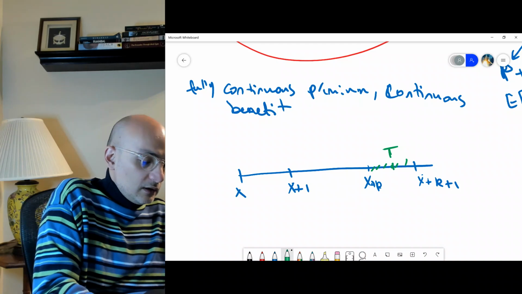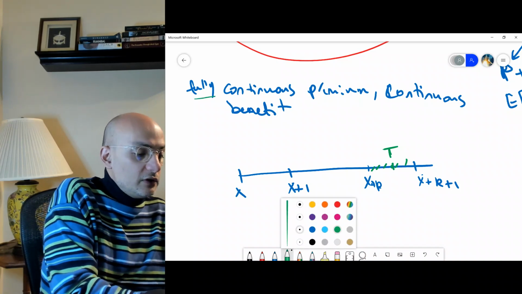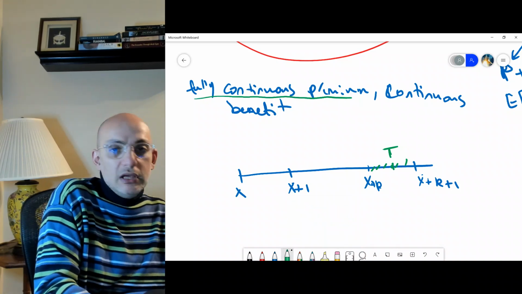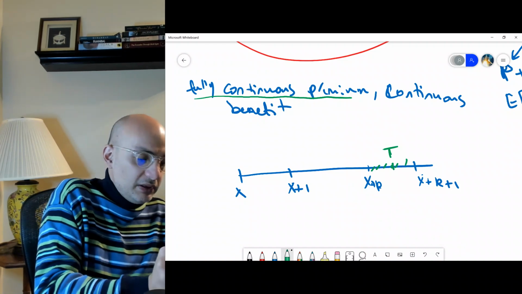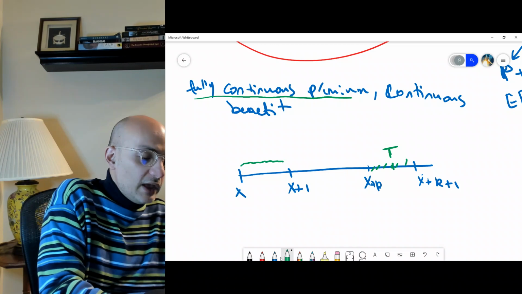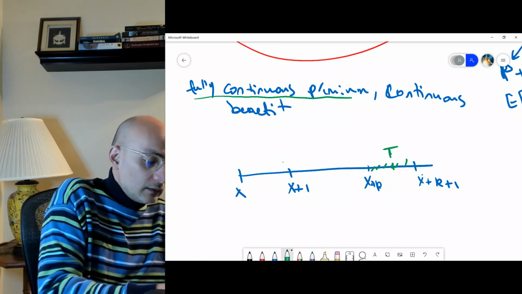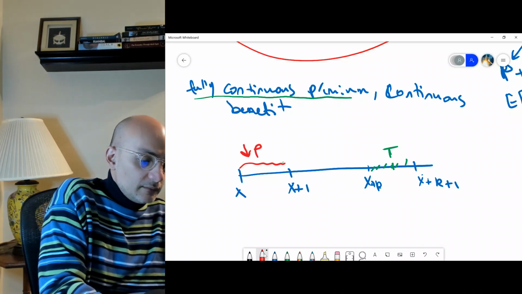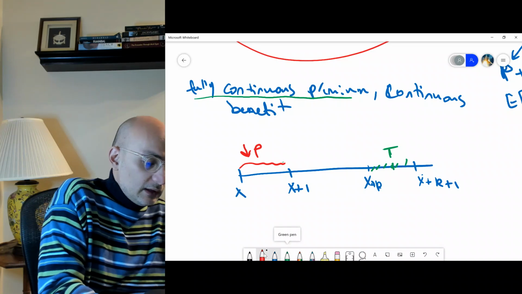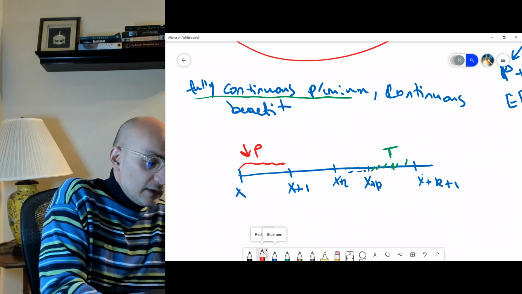So for fully continuous, we need to read carefully. The premium is paid continuously. The value of the premium P is paid continuously, so we have P here, and P here paid continuously, and then you have x plus 2, also P here paid continuously.